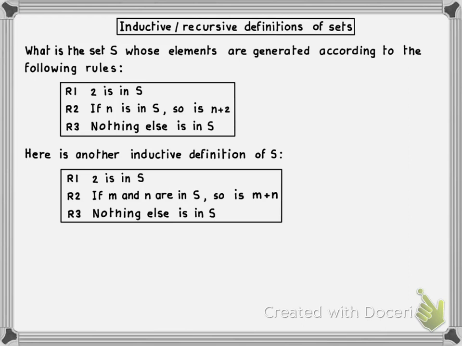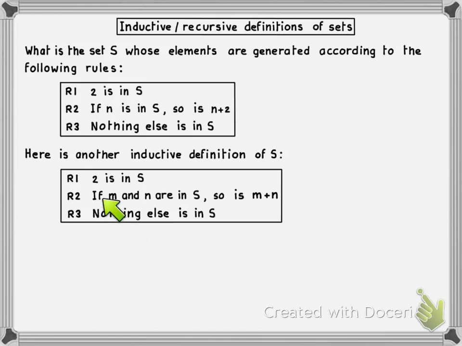So let's convince ourselves that this definition is also a definition of the same set S, where clearly, according to the first rule, you can add the integer 2 to the empty set. And now that you have the element 2, you can assign the value of 2 to both m and n, and therefore you can add the integer 4, 2 plus 2. And now we have a set with 2 and 4.